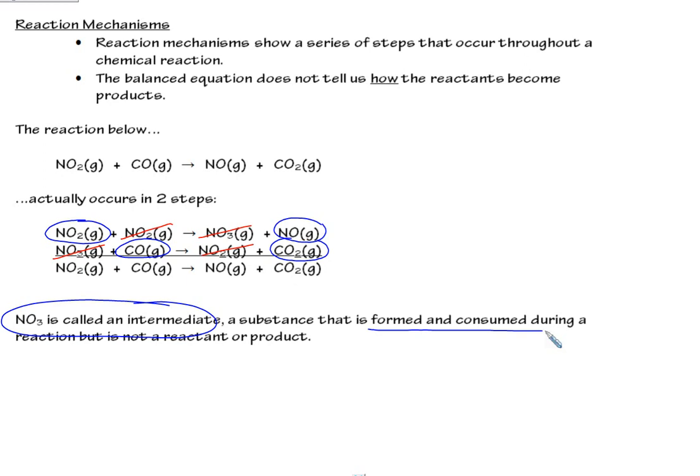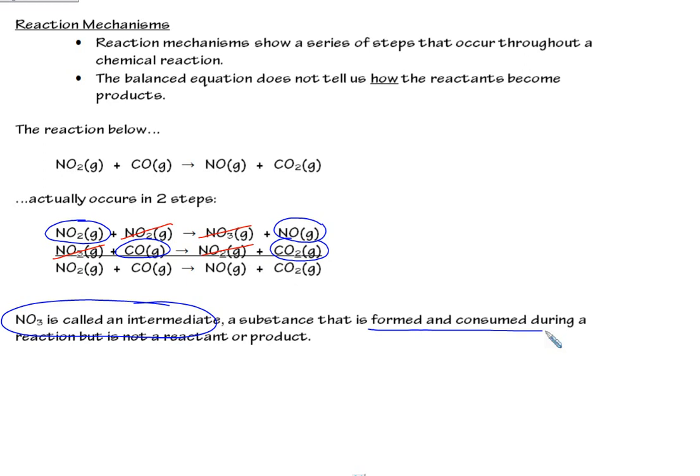What we'll find in these next few videos is that we can look at a proposed mechanism and evaluate it and say, yeah, that's a logical mechanism. That would get me from reactants to products. This is a possibility. Or we can deny it and say, well, no, this is unlikely. This would not likely get me from reactants to the desired products.